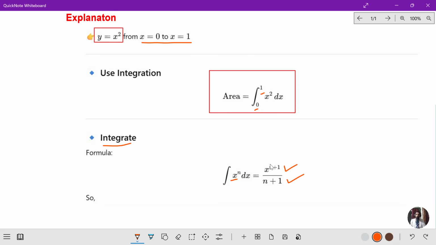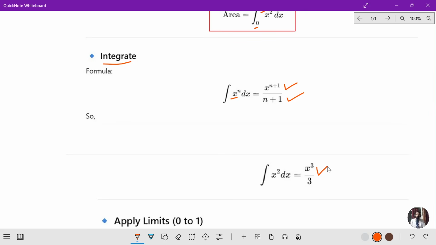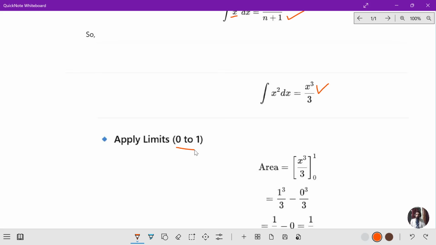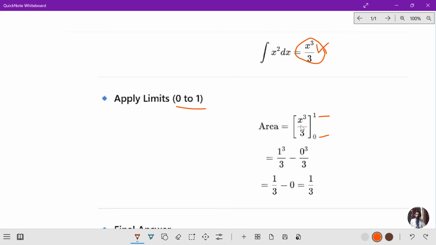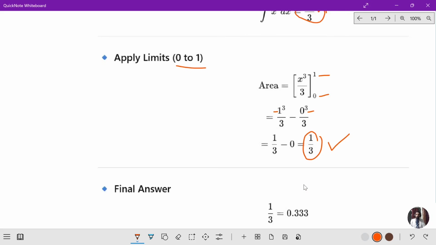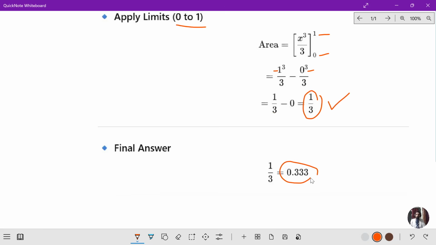So this is x power 2 plus 1 by 2 plus 1, which is x power 3 by 3. The limits are 0 to 1, so area is x cube by 3. When we apply the limits, x becomes 1 the first time and 0 the second time. So the final answer is 1 by 3 using mathematical notation.